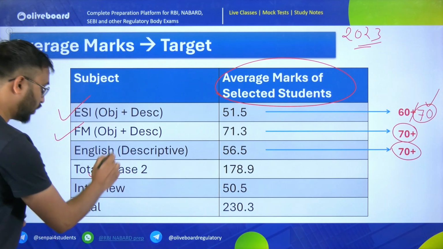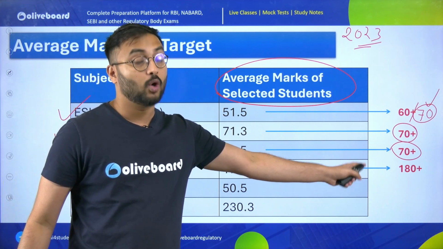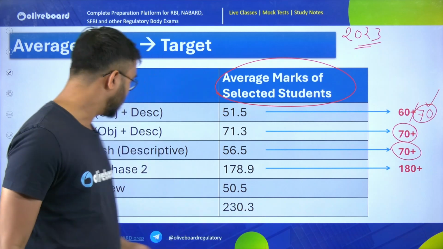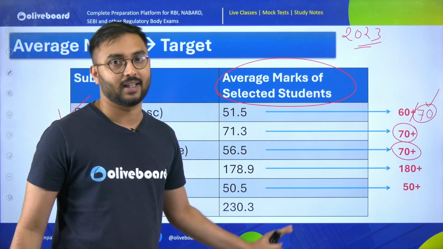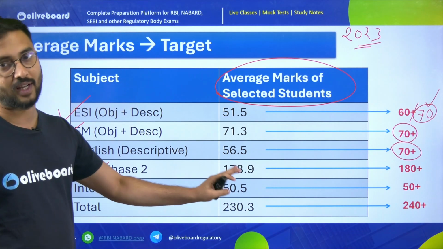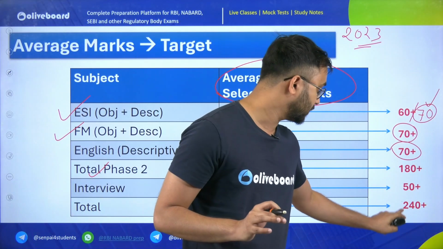Next, total phase 2 marks. As I told you, our target is 190, that is 180 plus. Then the interview average marks we are getting is 50. And for the overall cutoff, as I already told you, our target should be 240 marks.